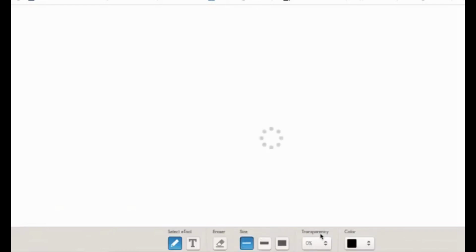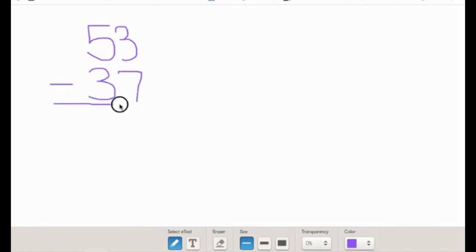So, for example, the number 53, oh, wait a minute. Let me get my drawing tool back. And I think I'm going to use purple. So I'm going to now write 53. And let's subtract 37. Okay.